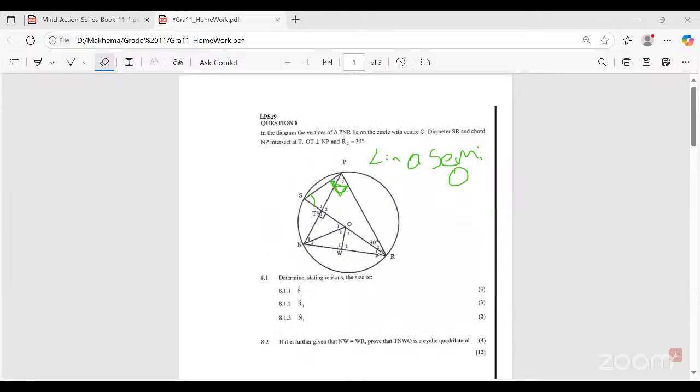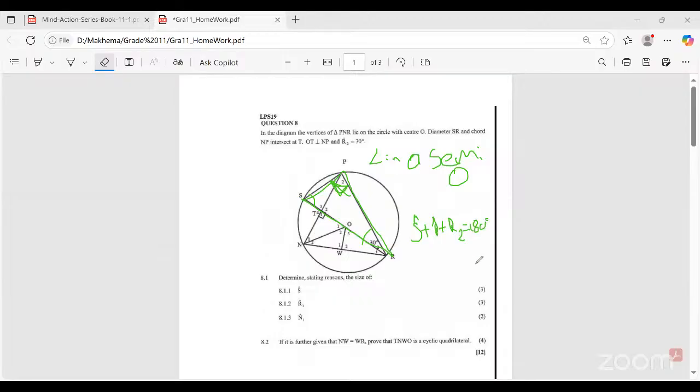PSR. I agree. We have this triangle right here, and you've got this angle and that angle, so you can simply say angle S plus angle P plus angle R gives us 180 degrees.